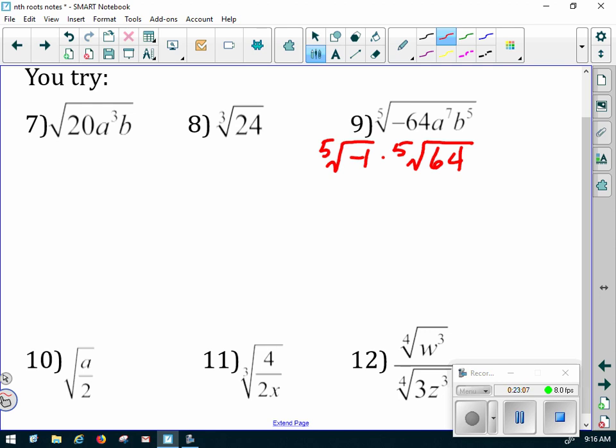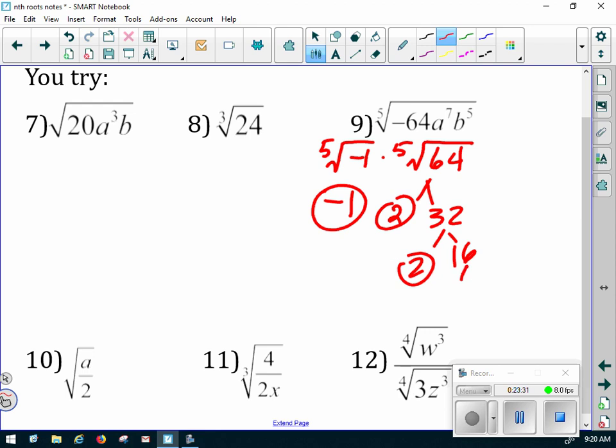Is the 5th root of negative 1 i or negative 1? Negative 1. Now, go with 64. 2 and 32, 2 and 16. Yeah, 8 times 8 is 64.